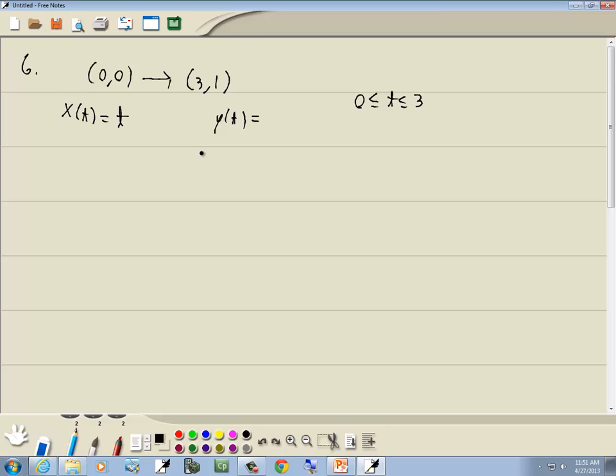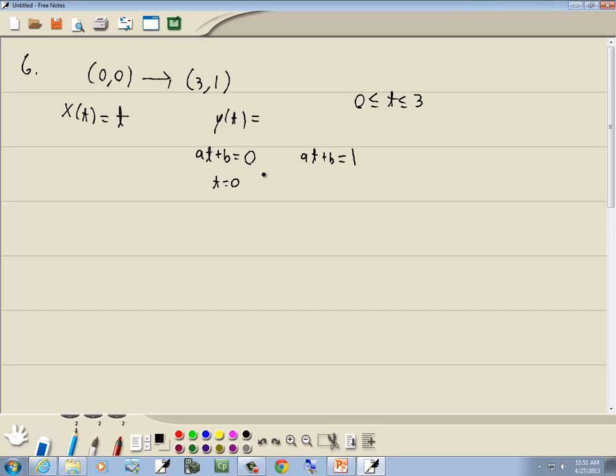So remember our formula: at plus b is equal to our beginning y value, which was 0, and at plus b is equal to our ending y value, which is 1. We're going from t equals 0 to t equals 3.